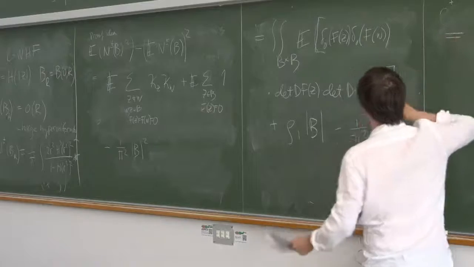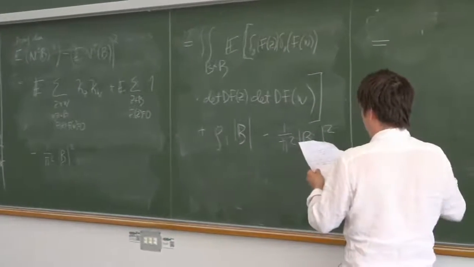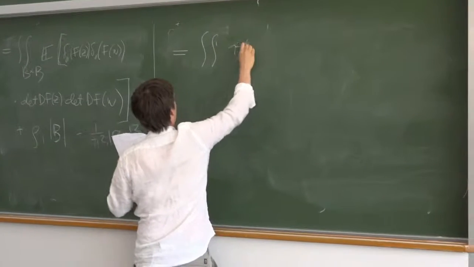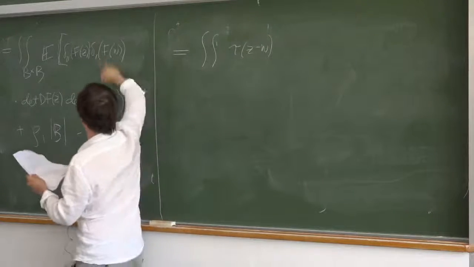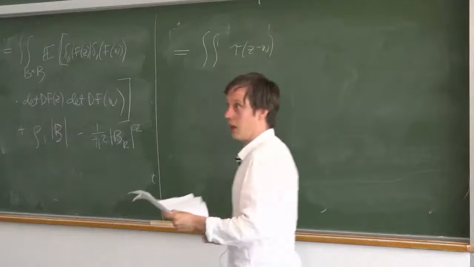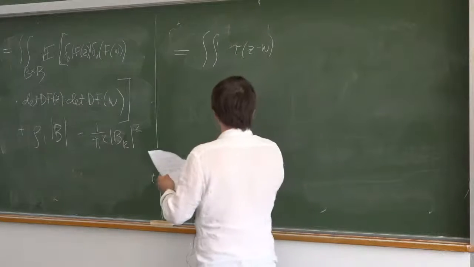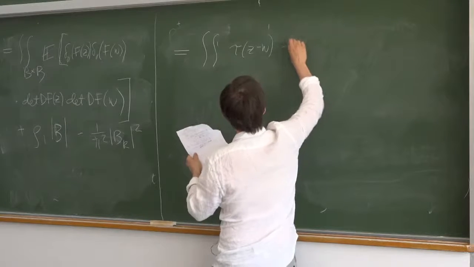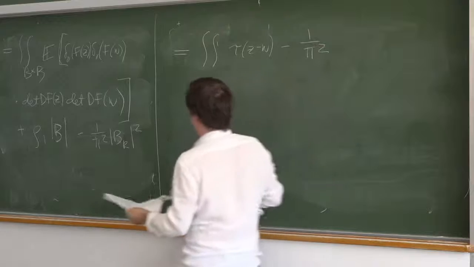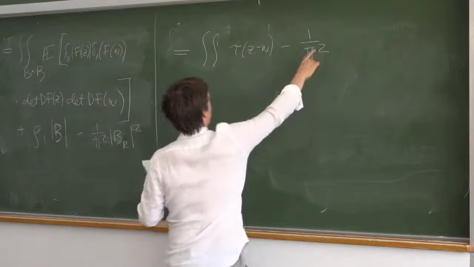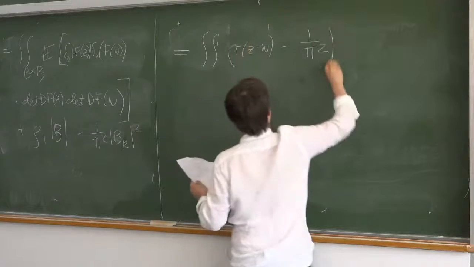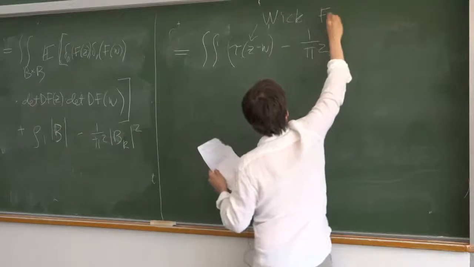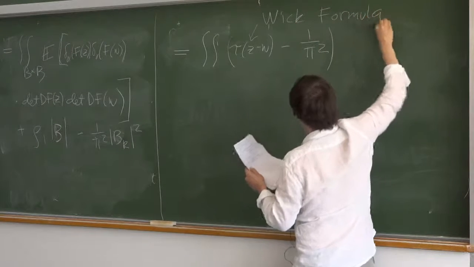Now I work a little bit with that expression. Now it's a Gaussian integral again, but higher dimensional. Then I've got some explicit expression for this. I can bring this inside the integral, so I've got 1 over pi squared here. And to get this, I use the Wick formula. I'm not going to tell you what it is, but it helps you to evaluate this.